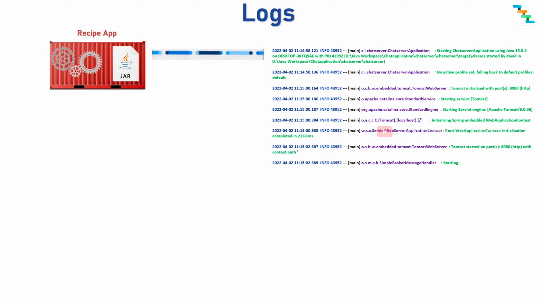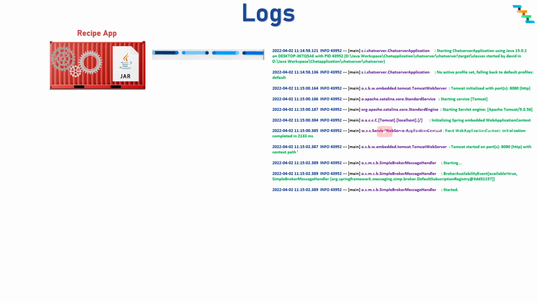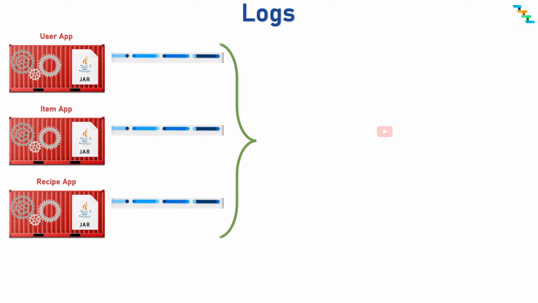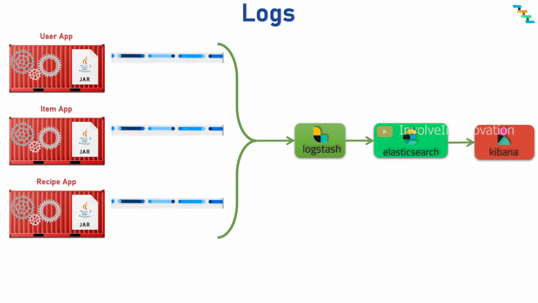A 12-factor app never concerns itself with routing or storage of its output log stream. Each running application writes its event stream unbuffered to the standard output. Here we have a recipe application, user application, and item application, each producing its stream of logs, which will be consumed by a data processing pipeline such as Logstash that ingests data from a multitude of application sources.